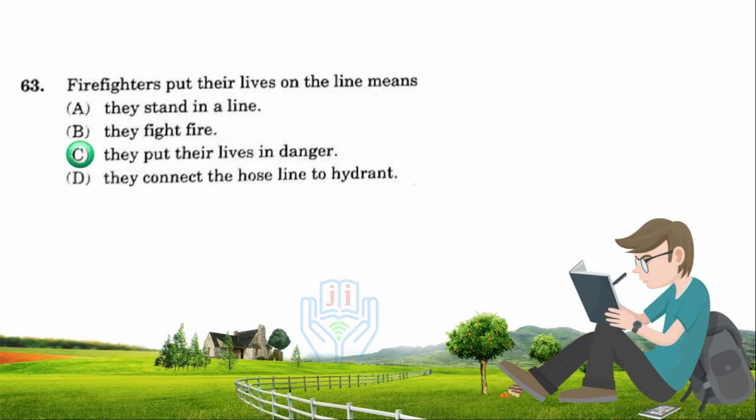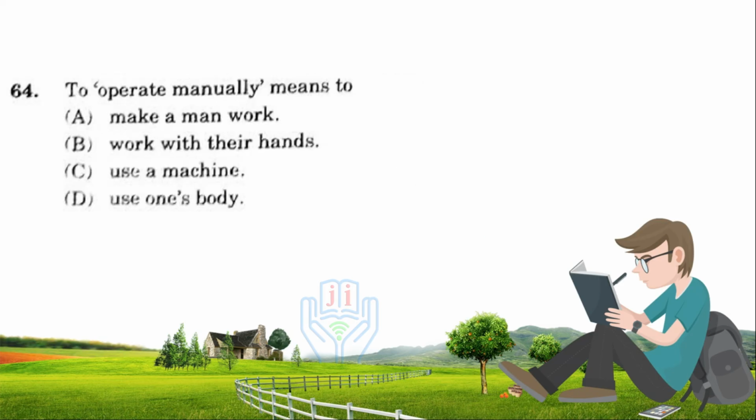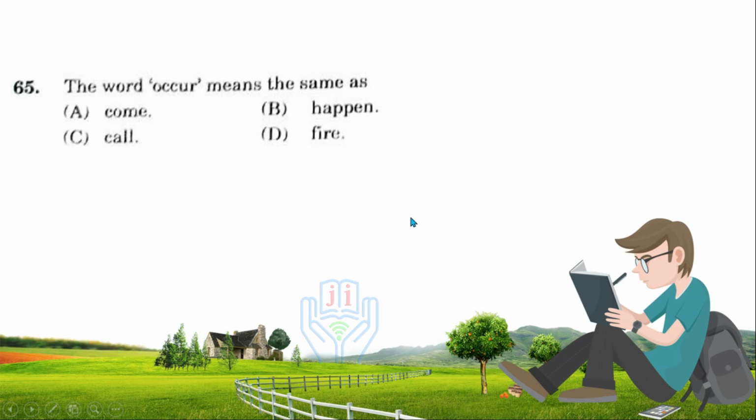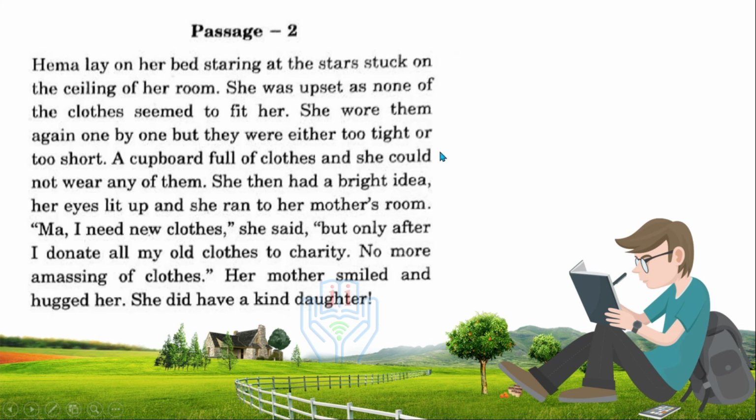Answer: C. They put their lives in danger. To operate manually means to work with their hands. The word occur means the same as, answer B. Happen.